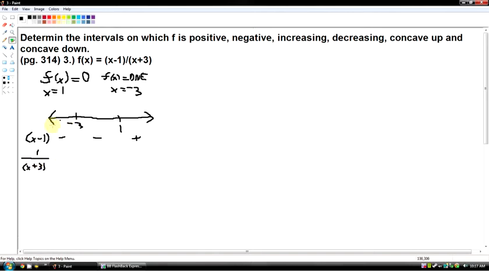The denominator should be negative before negative 3, and positive after. Multiplying these, we find that f is positive before negative 3, negative after negative 3, and goes above 0 after 1, which means we have an x-intercept here.